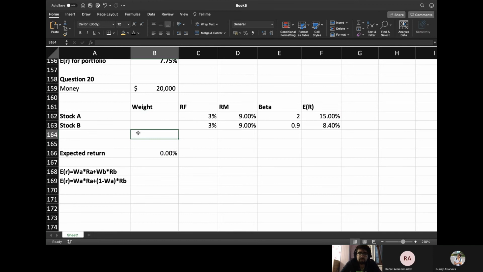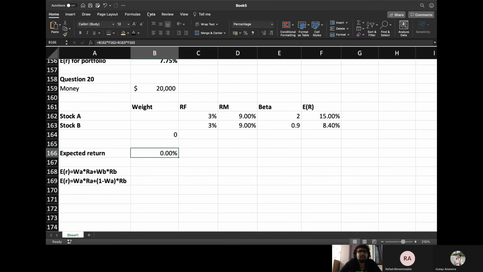And we know that weight of A plus weight of B should be equal to 1. We set up our formulas for expected return and total of weights.